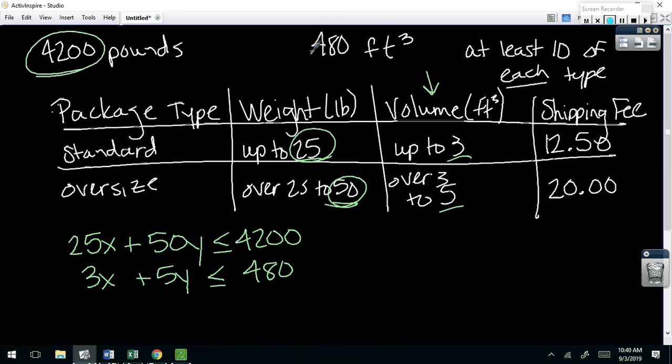Maximum volume of 480. That was given in the first part of the problem. Capacity of 480. Now it also says to run the delivery truck, you have to have at least 10 of each type of package. How could I say that?